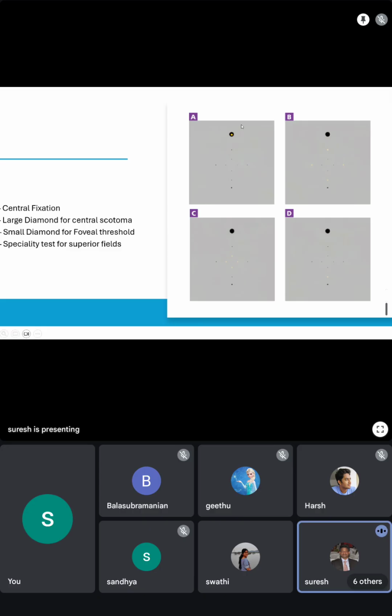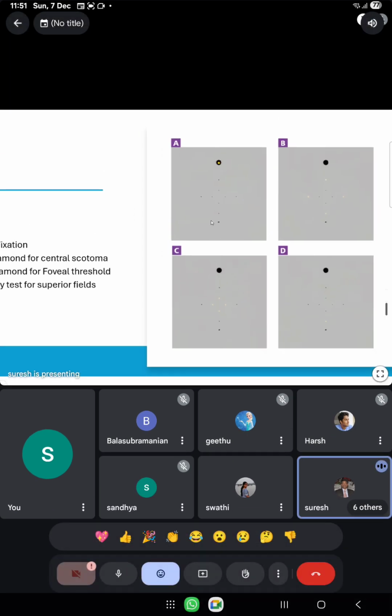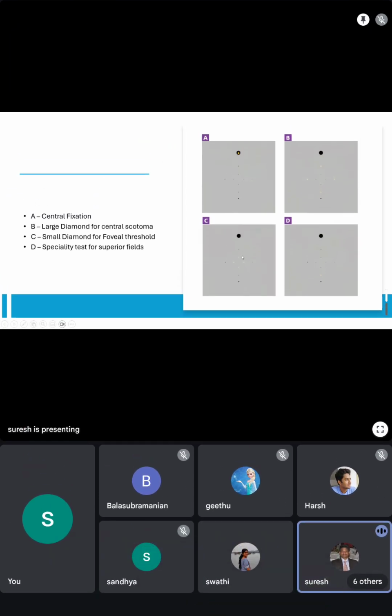Then we use what is known as a big diamond. Are you able to appreciate this? The big yellow square that is known as a big diamond, large diamond. That is used because if there is a central scotoma, still the large diamond they'll be able to see. So that is used as the fixation target. To see the foveal threshold, we use the small diamond, that is the C. And sometimes we need to test only the superior fields.